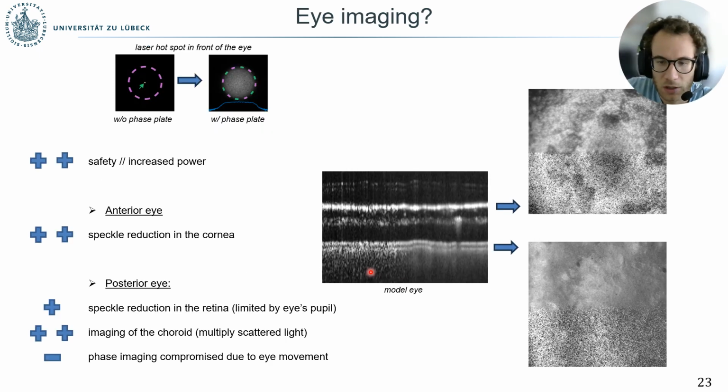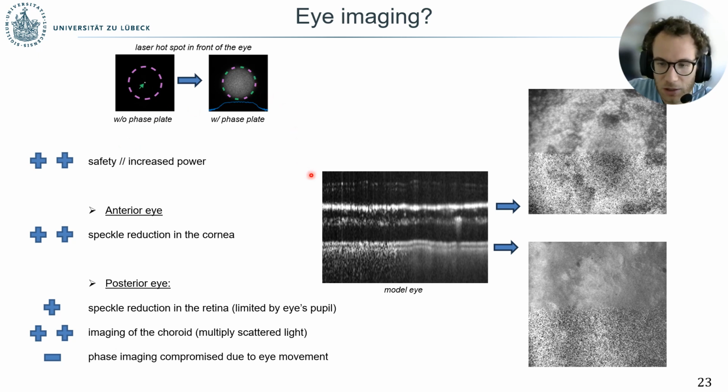At this point, we did not use the setup on eye imaging yet, but we see several advantages to it for that. First, one idea is that when we use the diffuse illumination, we are broadening the size of the hotspot in front of the eye. So we are decreasing the irradiance by 3 orders of magnitude, and we can spread the light over the entire pupil.